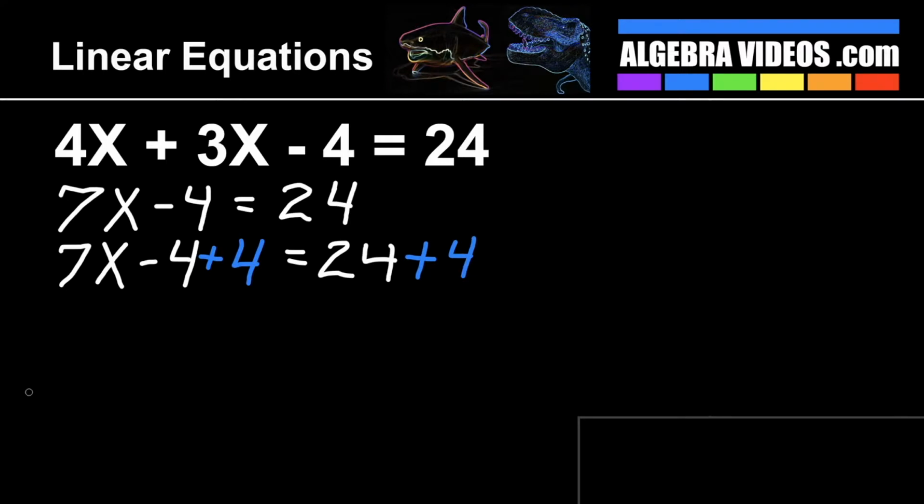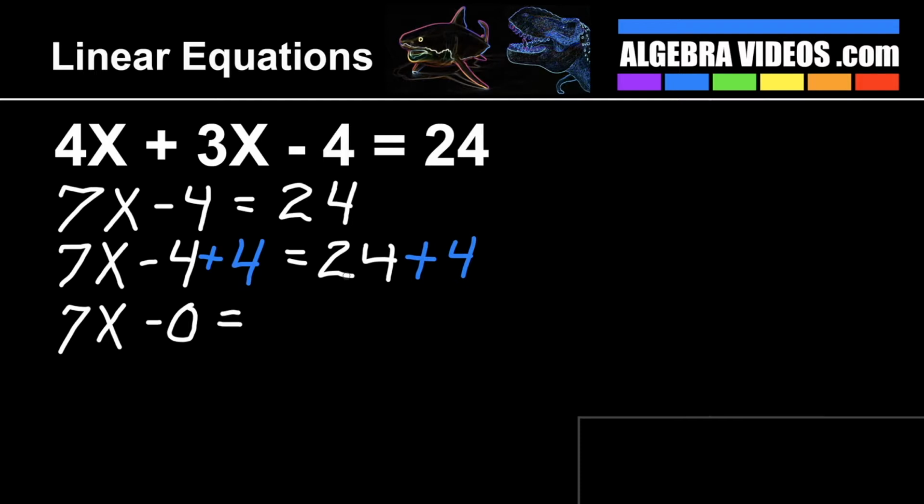Just remember, you can always do anything you want to one side of the equation as long as you also do the exact same thing to the other side. So in this case, I decided to add a 4 to both sides, and the reason is I wanted this term here to go to 0. So that becomes 7x, instead of minus 4 plus 4, is just minus 0, right?